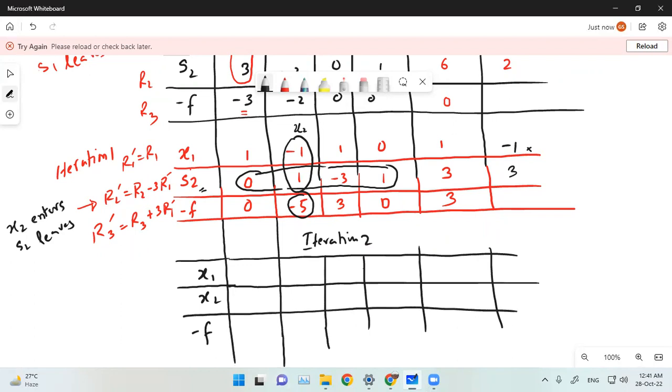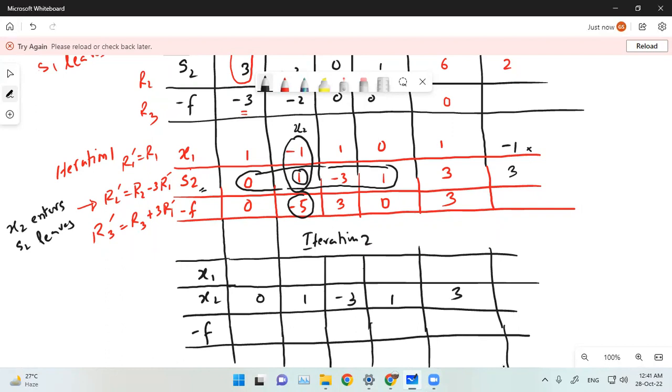So let's see whether we can go up to the stopping condition or not. So now, since the key element is 1, we don't have to change it. So just keep it as it is, -3, 1, 3.